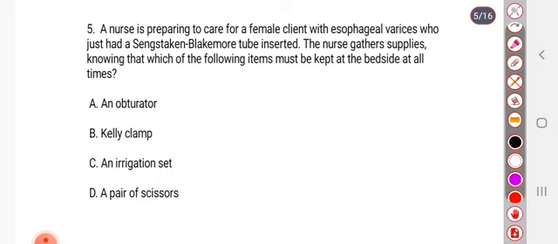Option A is an obturator, B a clamp, C an irrigation set, and D a pair of scissors.